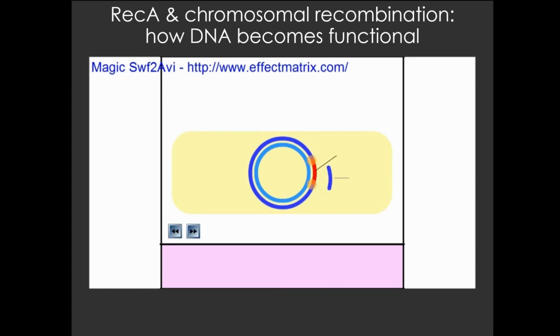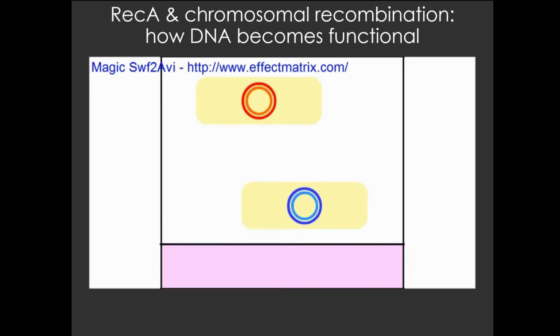At that point, the recipient cell has two choices. It can either replace the new DNA with that which is complementary to its other strand, or it can replace its other strand with DNA that is complementary to the new gene. If it chooses to replace its existing DNA with something complementary to the new DNA, you have a recombinant cell.